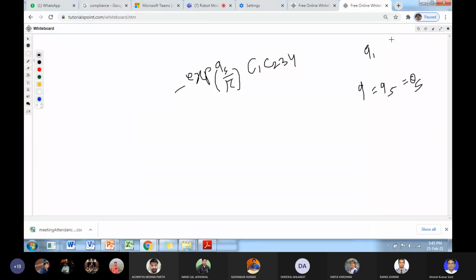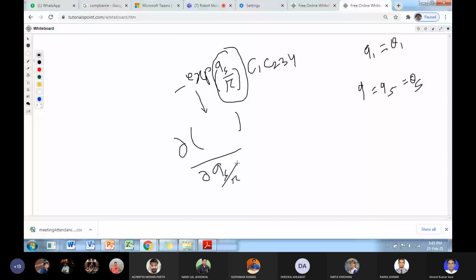Q1 also is there, Q1 equal to theta 1. Okay. So here you take the partial derivative of this and then the whole term, then the differentiation of this whole term with respect to Q5 by pi, and partial derivative of Q5 by pi with respect to dq5.